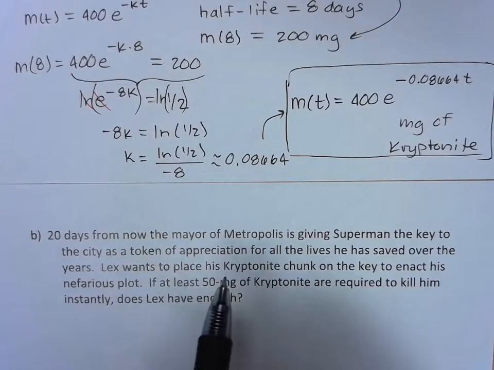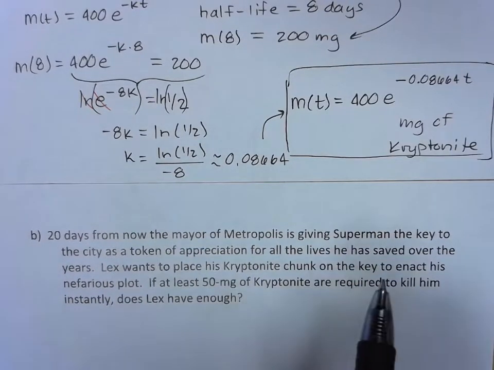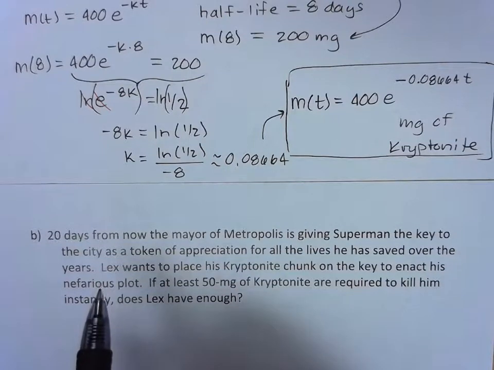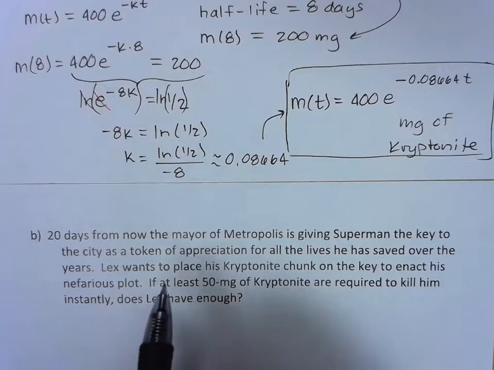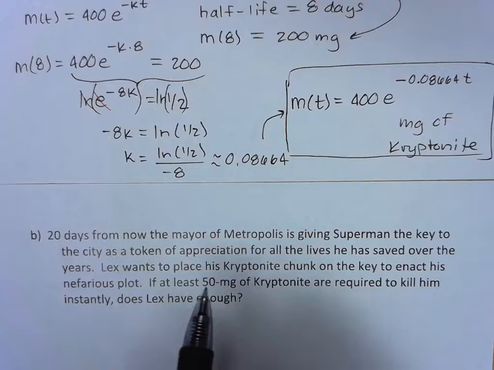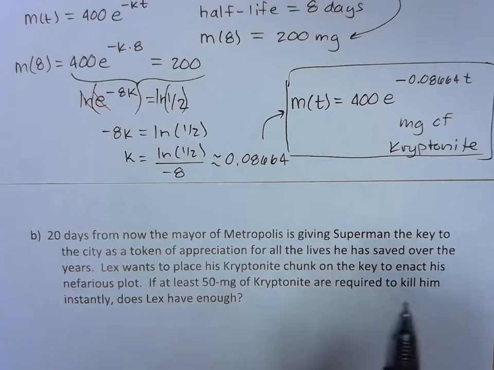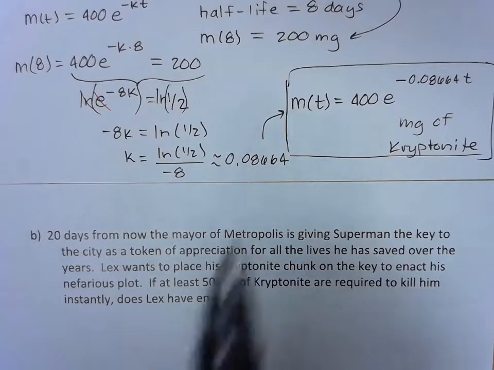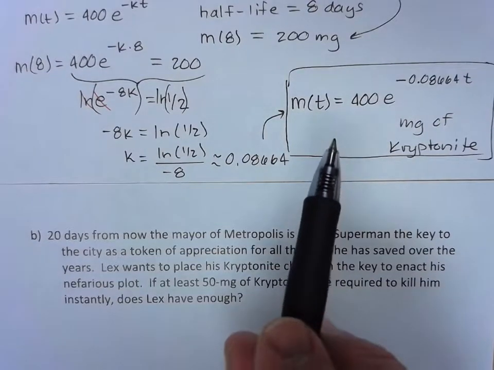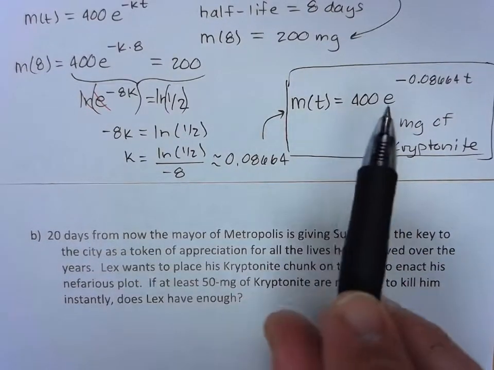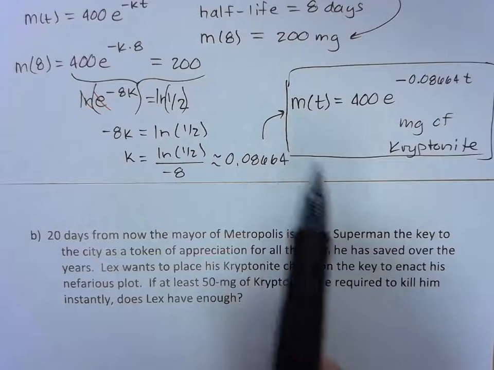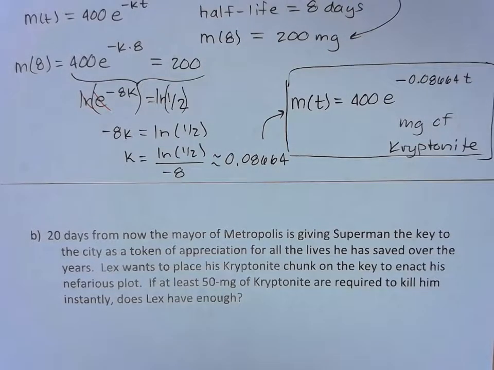Lex wants to place his kryptonite chunk on the key to enact his nefarious plot. So, it's been found out that you need at least a 50 milligram piece of kryptonite to kill Superman instantly. Does he have enough kryptonite so that 20 days from now, using this model, there'll be enough kryptonite left to have on the key to kill Superman?